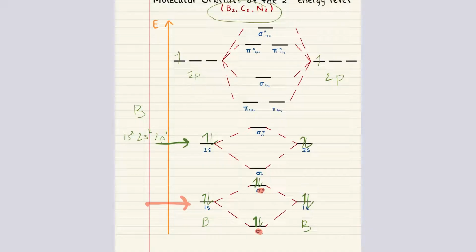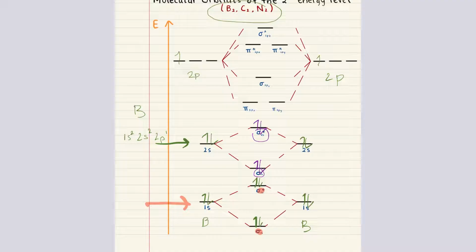These form the bonding sigma 2s orbital and the anti-bonding sigma star 2s orbital. Each boron atom contributes 2 electrons in 2s, meaning we have another 4 electrons to place. Following the Aufbau principle, we're going to completely fill the sigma 2s orbital with 2 electrons, and then we can fill the sigma star 2s orbital with the other 2 electrons. So now we've completely filled both the bonding and anti-bonding orbitals for 2s.